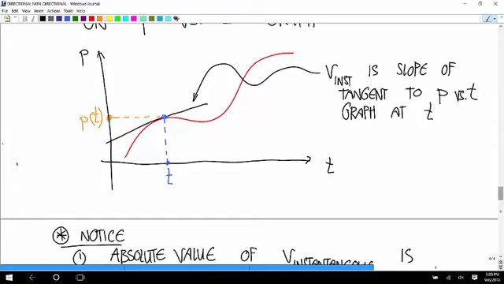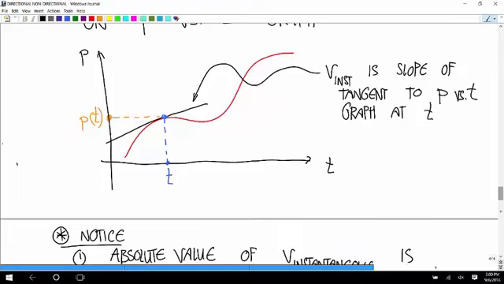Negative. So at that instant, the object would be moving in the negative direction. And if it was right here where the slope is equal to zero, it's not moving in the positive direction. It's not moving in the negative direction. So that's an object that's at rest. It's not moving at all at that instant.